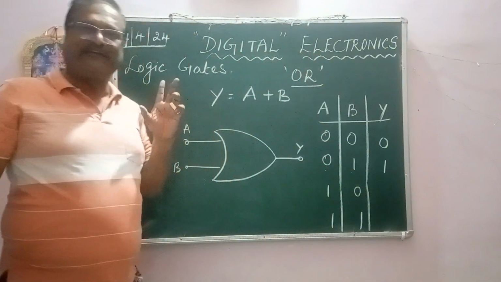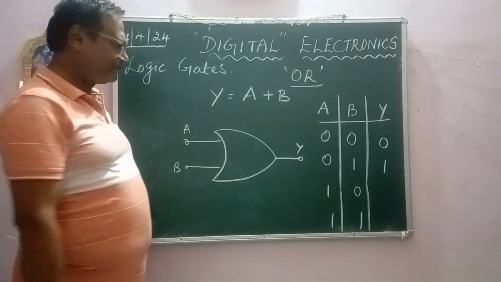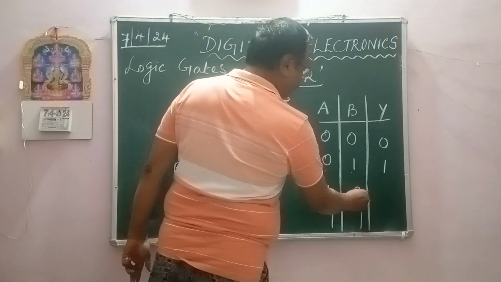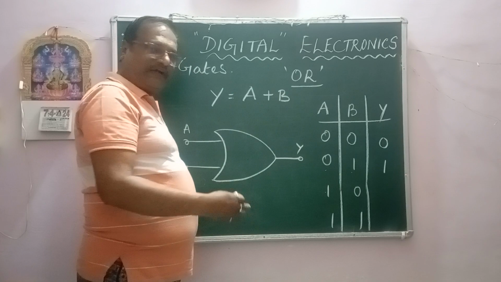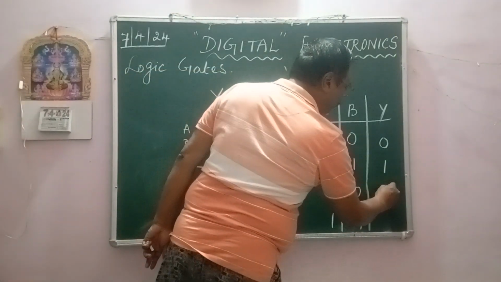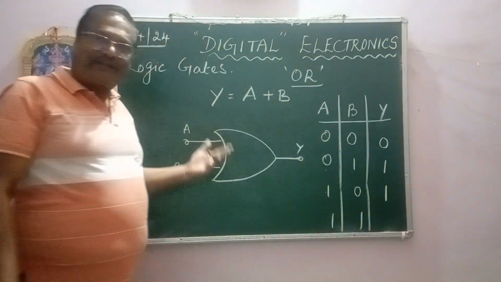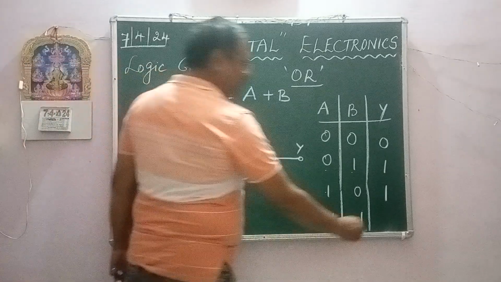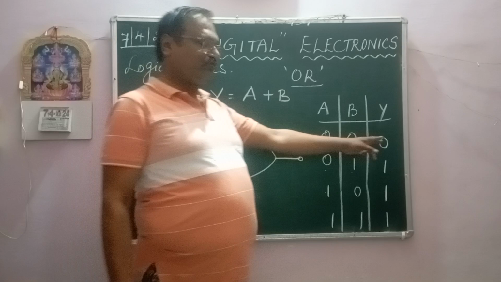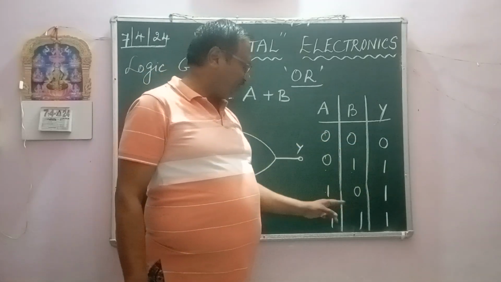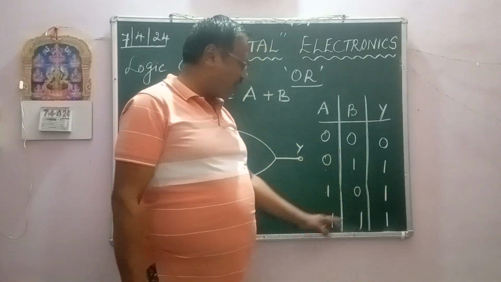One of them should be high, minimum, that is the condition. Next, 1, 0: A is high, B is low, no problem, and you will get an output 1. Now both are high, so naturally the output will be high. So you have 0 0 0, 0 1 1, 1 0 1, 1 1 1.